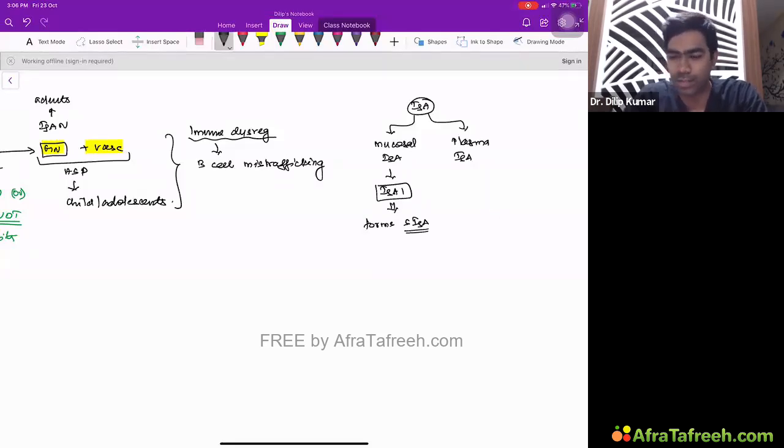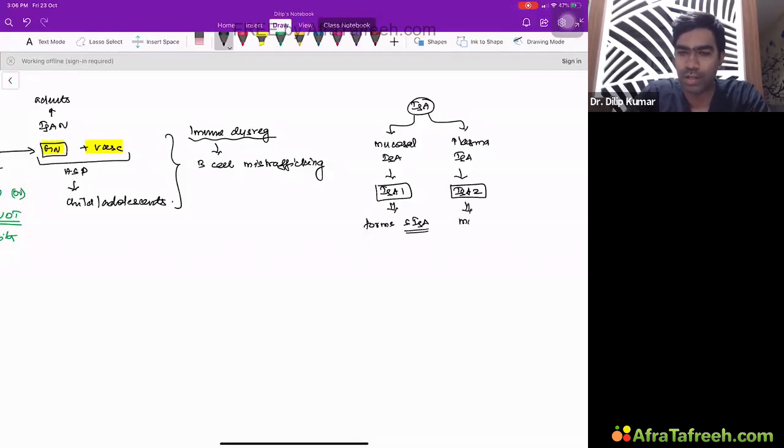It's dimeric in nature. As far as the plasma IgA is concerned, it will be mostly IgA2 type, which is usually monomeric in nature. And this is a secretory IgA, which is dimeric in nature.